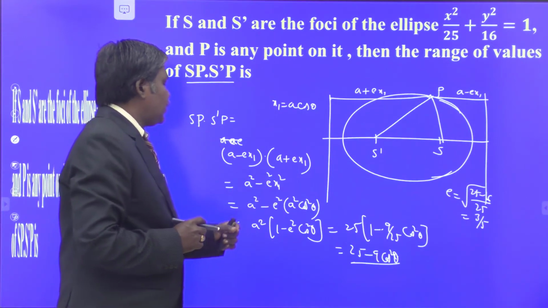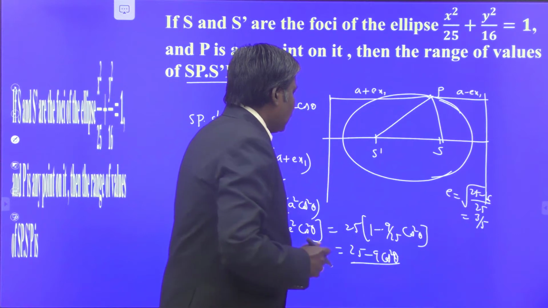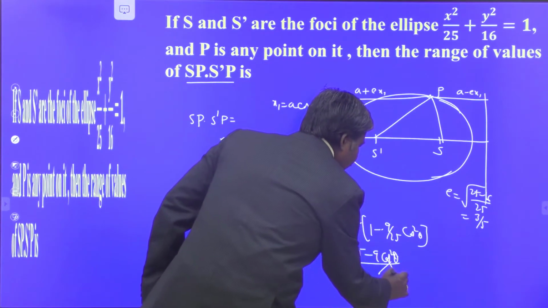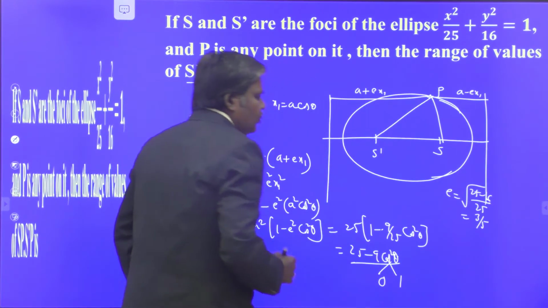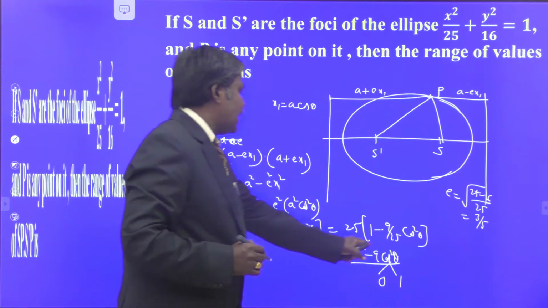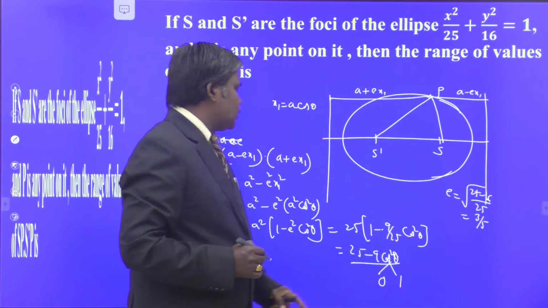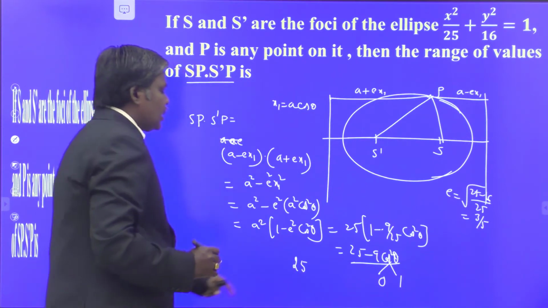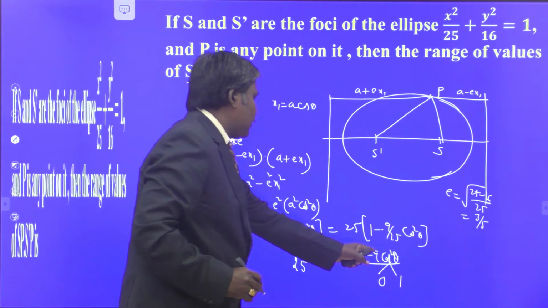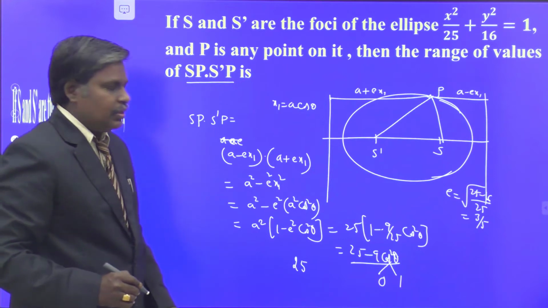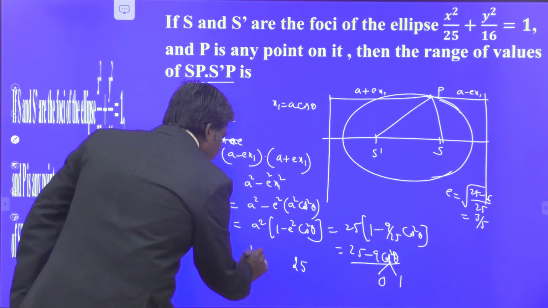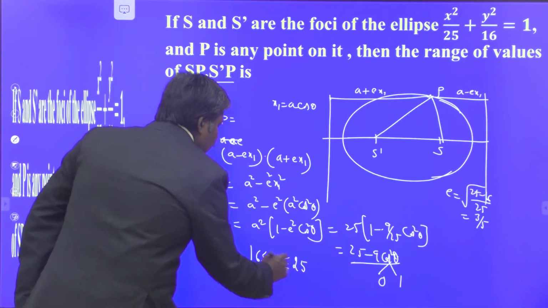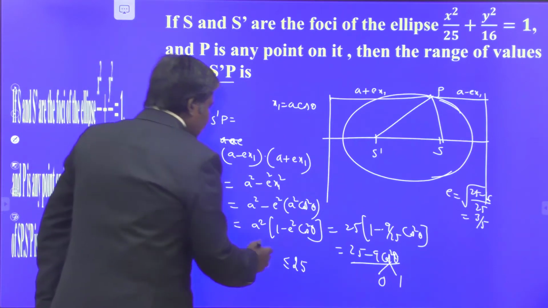We have to find out the range of this one. All of you know that the maximum value of cos square theta is 1, minimum value is 0. When you substitute cos square theta as 0, we get the maximum value, that is 25. And when you substitute cos square theta as 1, we obtain the minimum value, that is 16. So we have 16 less than or equal to your expression less than or equal to 25.